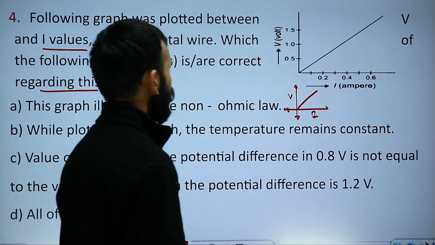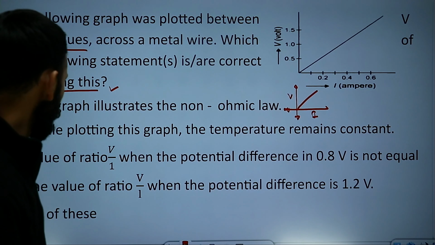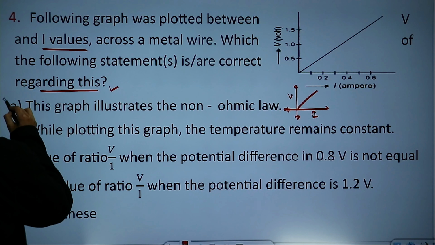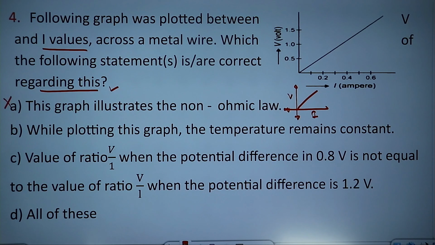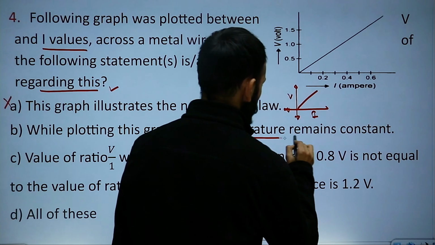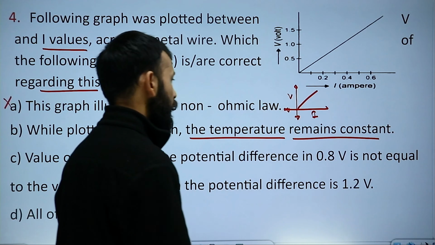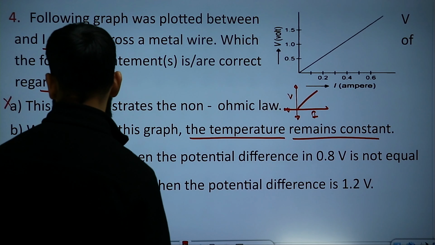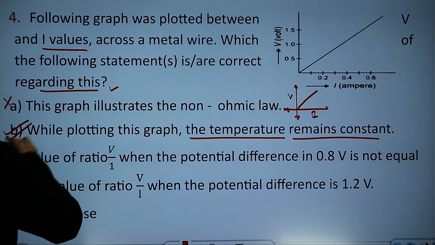This is the graph for ohmic devices, which follow Ohm's law. The first option says the graph illustrates non-ohmic devices, so the first option is wrong. While plotting this graph, the temperature remains constant. I already told you that in Ohm's law, temperature and all physical conditions remain constant. So option B will be the correct answer.